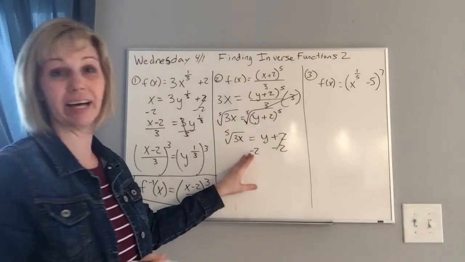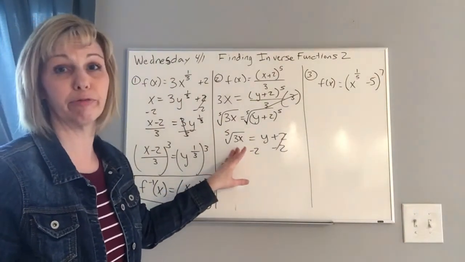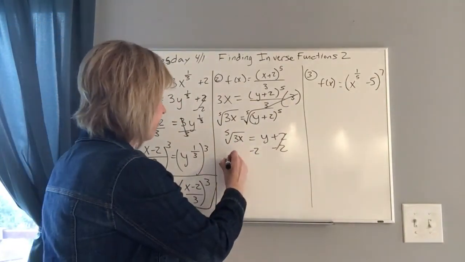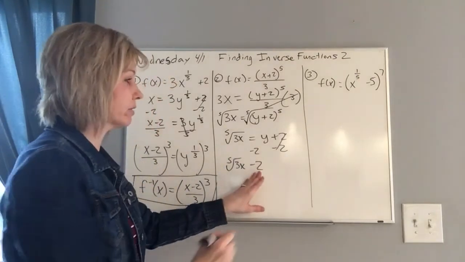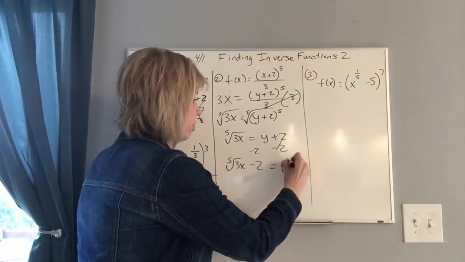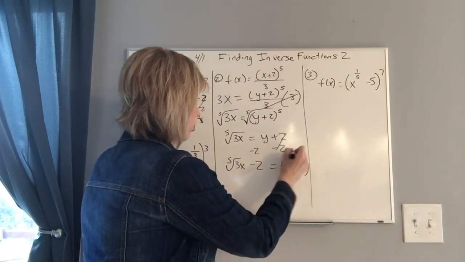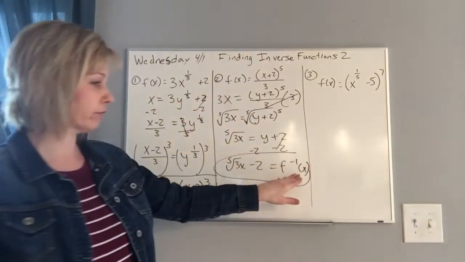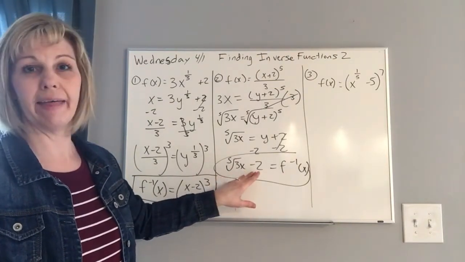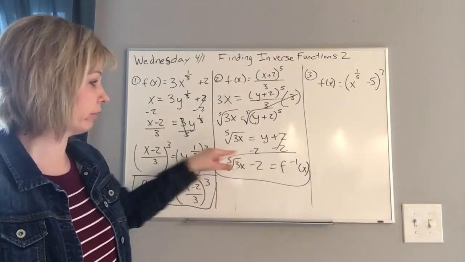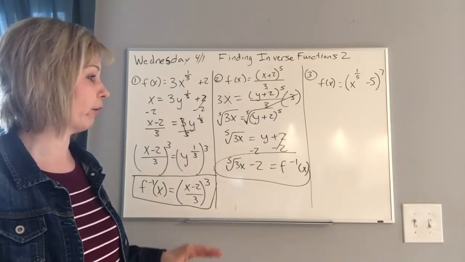Make sure it's not underneath. If you had to move the 2 over first, then it's underneath, but the 5th root of 3x minus 2, with the 2 on the outside, would equal the inverse function. So if you want to write it like that, it's fine. The inverse function of f of x equals the 5th root of 3x, and then minus 2 is not underneath. Make sure you don't keep that radical symbol going over.